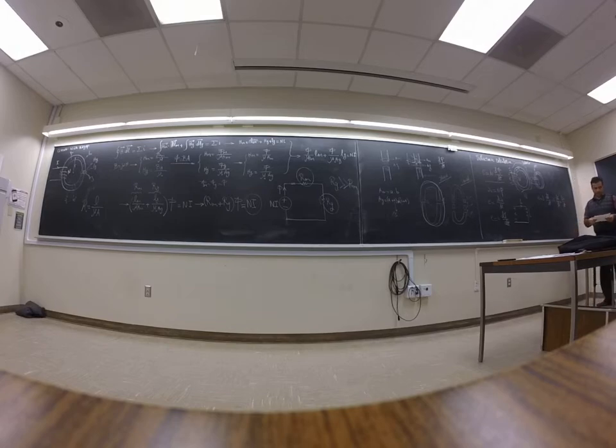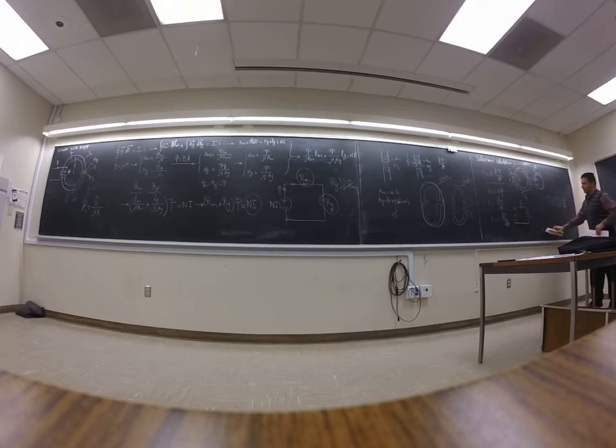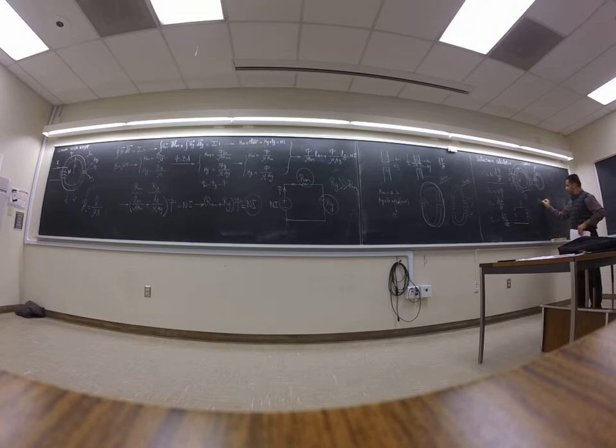Let me use this equation. Either we can go this way or we can use that equation. E is equal to d lambda over dt. So this one is going to be d lambda over di times di over dt.